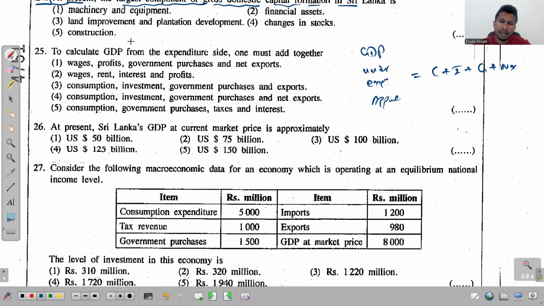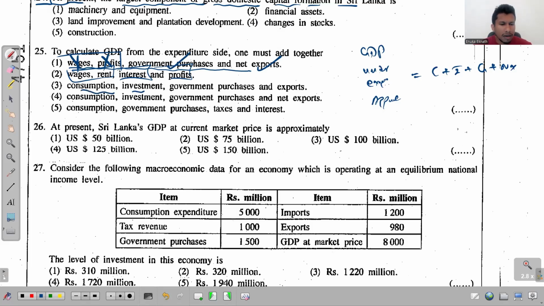That is the equation. So let's see. One must add together wages, profit, government purchases and net exports. These two belong to the income approach. Wages, rent, interest income and profit income are all the income approach.